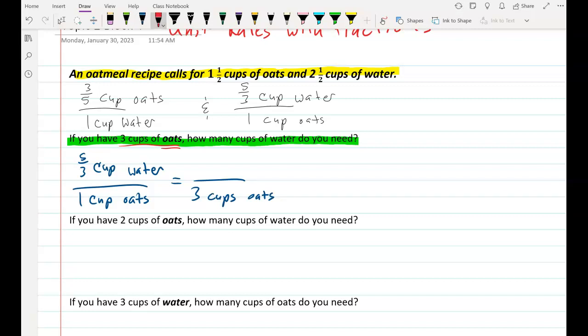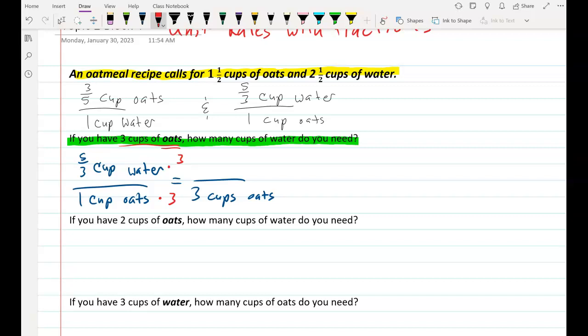Well, that seems pretty simple because we can finish this proportion by multiplying 1 cup of oats times 3 to make 3 cups of oats. And that means we're going to multiply 5/3 times 3 to find out how many cups of water we need.